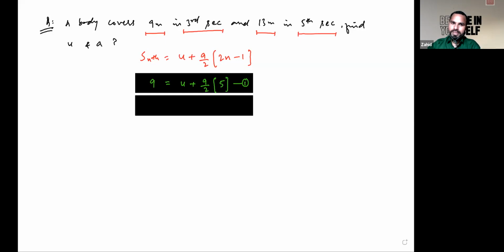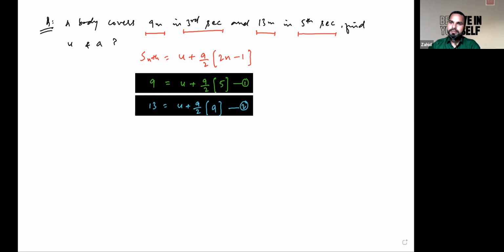Similarly, if you write for the second part, it will be 13 meter is equal to u plus a over 2 times 2n minus 1, where n is 5. So 2 into 5 is 10, minus 1, 9. Just subtract these two equations, you will get acceleration.